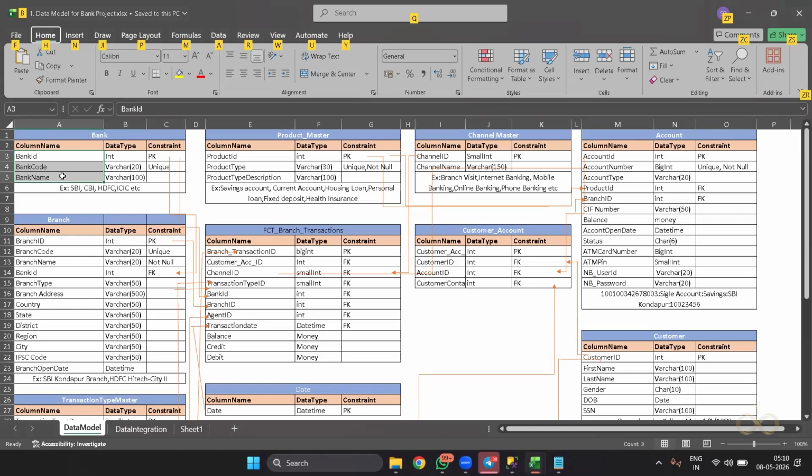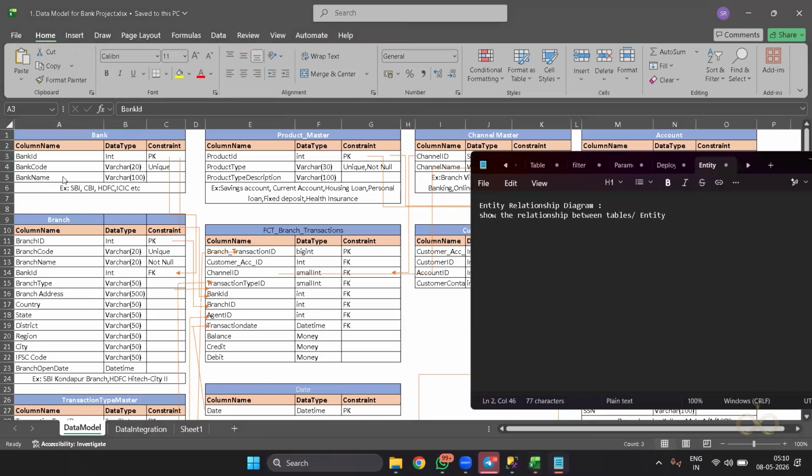Now, whenever you work on a real world project, there are always two types of tables, guys. One table is called the master table, and here it is called the dimension table. The second table is called the transaction table, and here it is called fact.